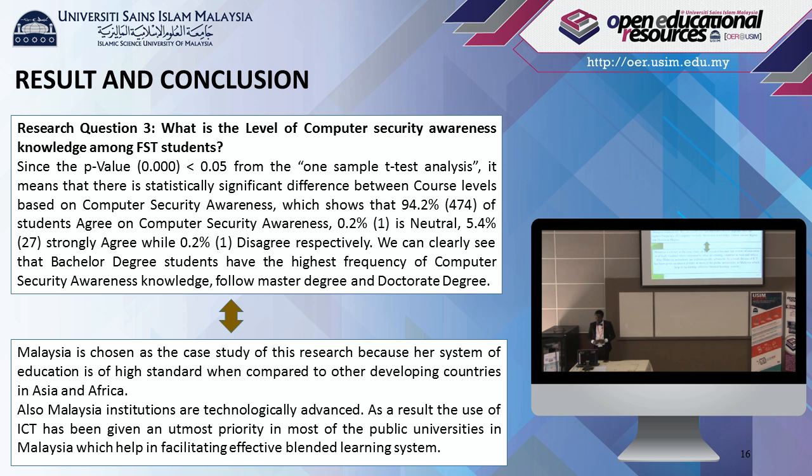From the analysis carried out, since the p-value, which is 0.0, is less than 0.05 from the one sample test, it means that there is a statistically significant difference between the course level based on computer security awareness, which shows that 94.2%, equivalent to 474 students, agree on computer security awareness, whereas 0.2%, equivalent to 1 student, is neutral, while 5.4%, which is 27, strongly agree about security awareness among the students in the university, and 0.2%, which is 1, disagree, respectively.